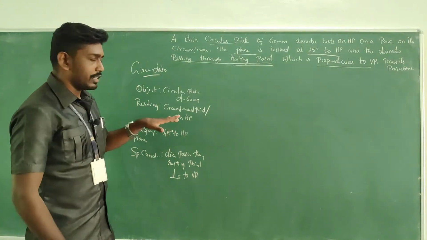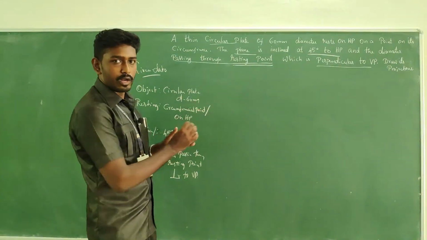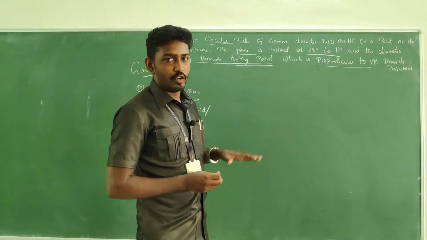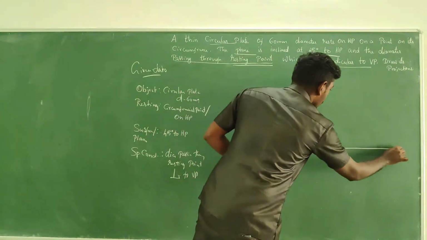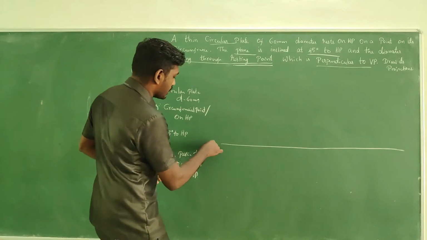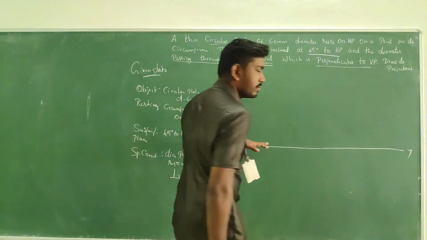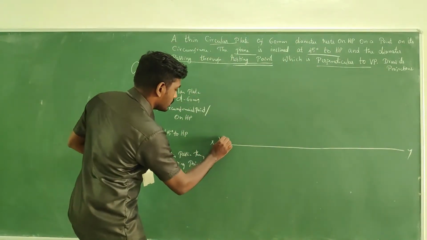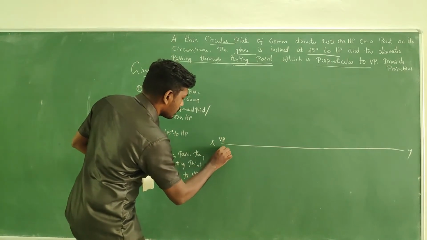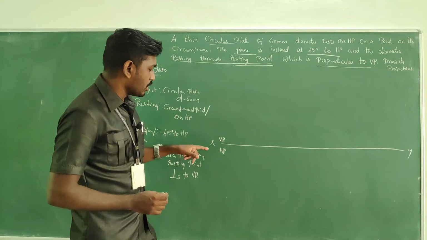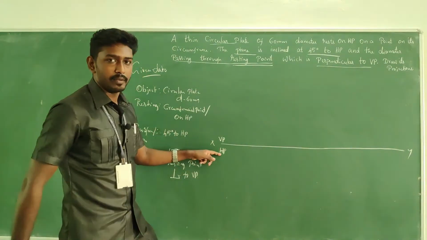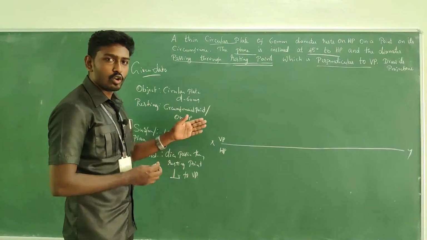Let me see what is happening when you are forming the final front view and final top view. Always we will do the projection in the first quadrant, the first angle projection. Above the reference line is VP and below the reference line is HP. We must undergo three stages.